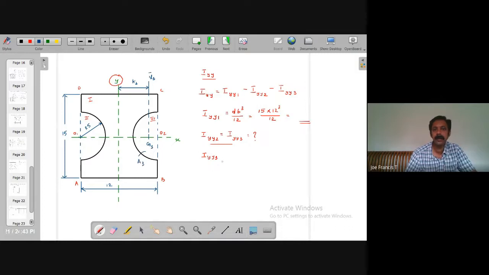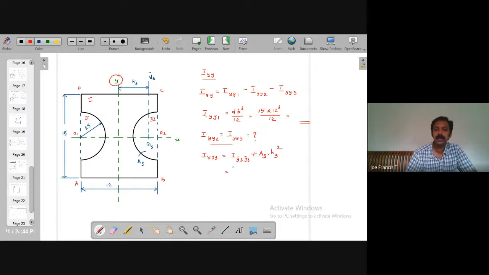So we should apply the parallel axis theorem. Iyy3 should be equal to Iy bar 3 plus A3 into K3 squared.